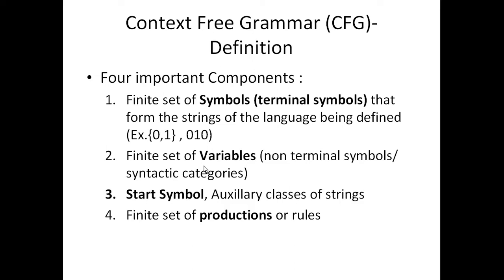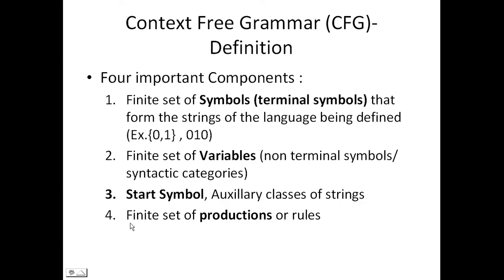Next is the start symbol. One of the variables represents the language being defined, and that is called the start symbol, from which the production rule begins. The start symbol and the remaining variables are called the auxiliary classes of strings that are used to help define the language of the start symbol.